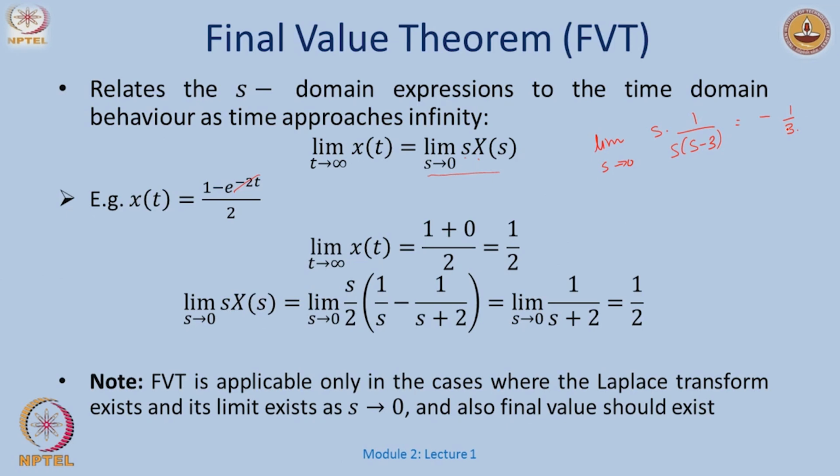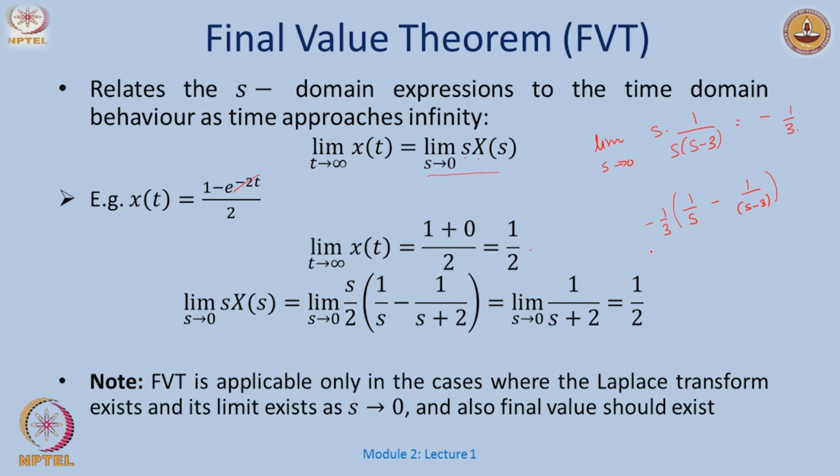Okay. Now, is this correct? So, let me also do the time domain analysis. So, this signal can be written as 1 over s minus 1 over s minus 3. So, you have an s minus 3 and this going away and a minus 1 over 3 here.